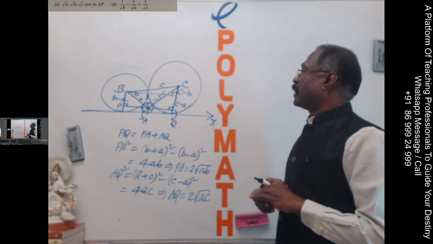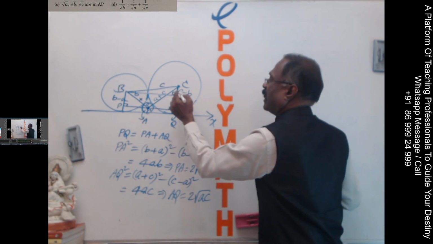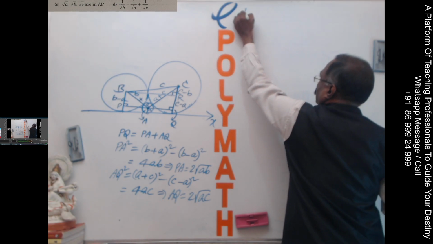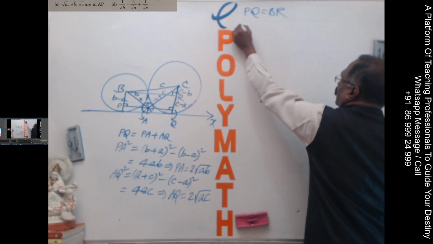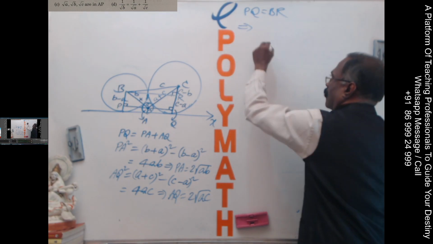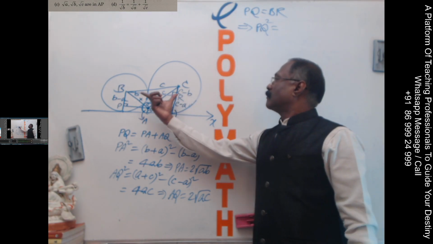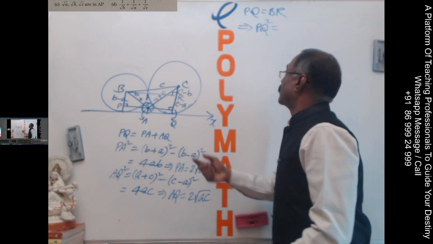Now I need PQ here. PQ is nothing but, let me say, this is R. PQ is equal to BR. Implies PQ square is nothing but BR square.